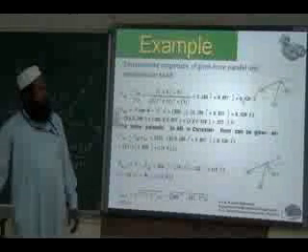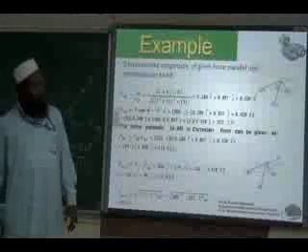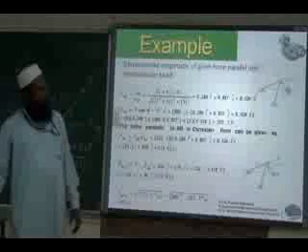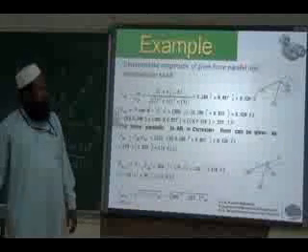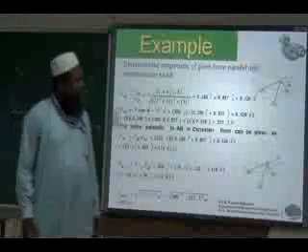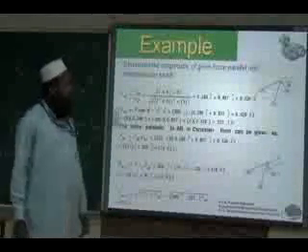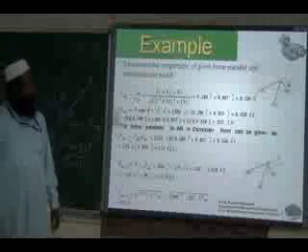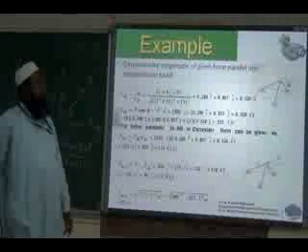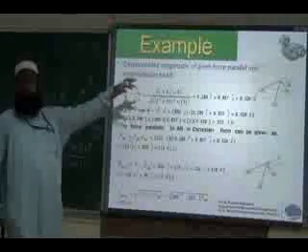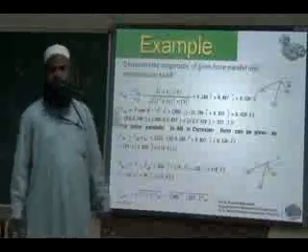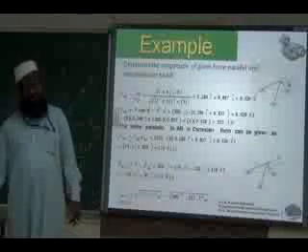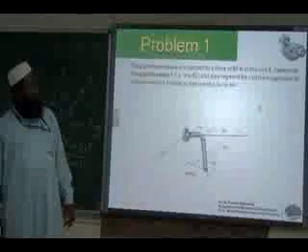For example, we have a problem. There is a system of cables. It is subjected to a force of 300 Newton. We have to resolve this given force parallel to the cable AB. Is the figure visible? It's small. Here it is.